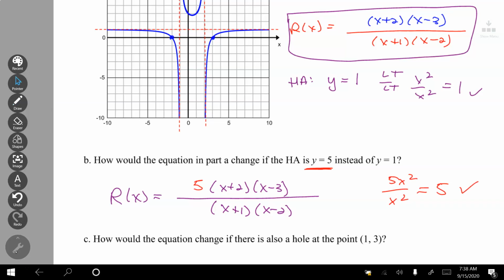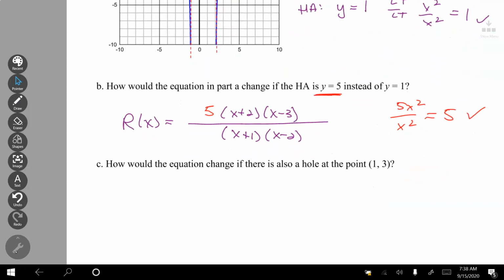And then finally, what if there was a hole at this point? And all I really care about the hole is the x value. So right now, I have this.